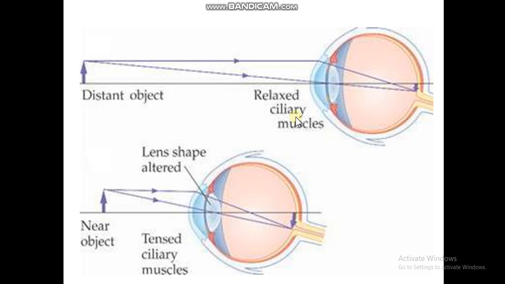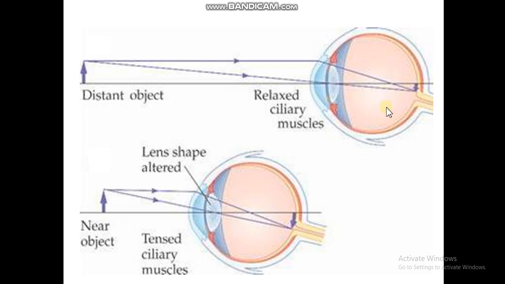Because when the object is at a distant place, the ciliary muscles that are attached to the lens are in a relaxed position. They are not doing any kind of activity, they are not pushing or pulling anything. They are in a relaxed position, and the lens is also relaxed and thinner in shape, and easily the object can be focused and the image can be formed on the retina.